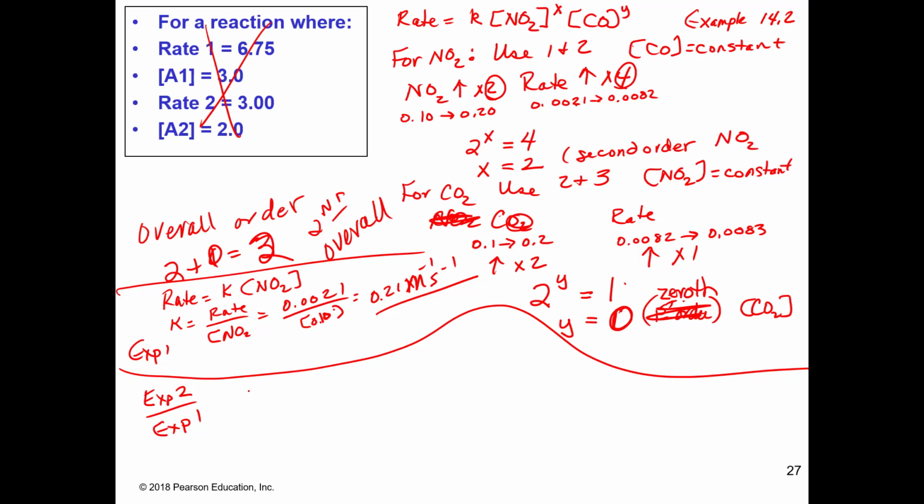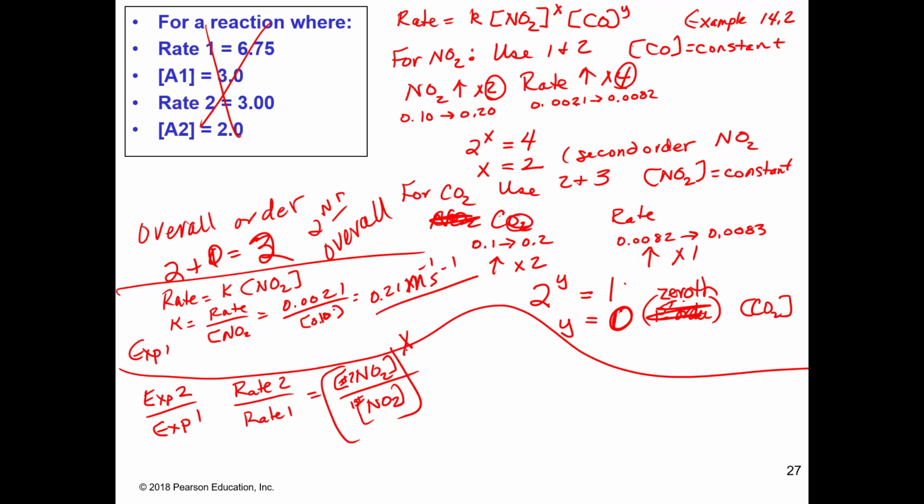So the rate of 2 over the rate of 1 is going to be equal to the concentration of [NO2] in the second run divided by the [NO2] in the first run, and I'm going to have to raise that to the x power, remember?